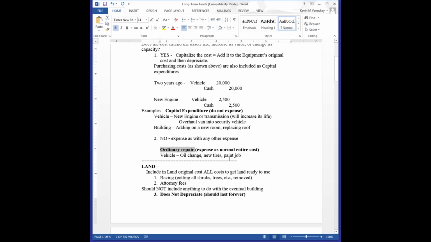So an oil change, even putting on new tires. Though sometimes tires, depending on the business, may only last you a year. Even though tires may last more than a year, most of the time we go ahead and write that off as an expense. It's a pretty low dollar item, and it's not going to increase the value of your car very much, if at all.